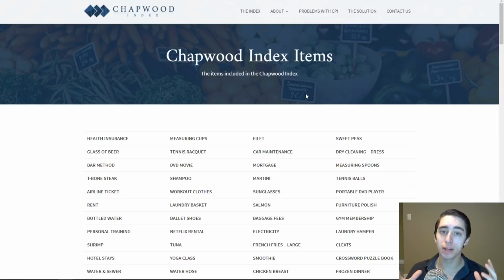Like the CPI, it's supposed to measure the cost of everyday living and the increase in cost, or maybe the decrease in some cases, but we have not seen that in a very long time. The cool thing compared to the CPI is that the Chaplet Index takes in a basket of a whole ton of stuff. Some things would be included in the CPI that do play a role in everyday living, but also things that the CPI doesn't factor in.